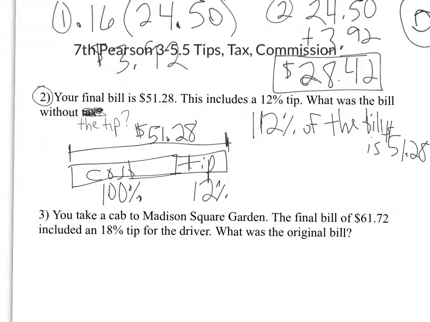So maybe from our bar diagram we can picture that that's what's happening. 112% of the bill is $51.28, and then we can make that into an equation.